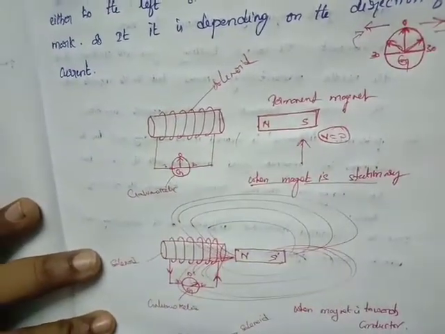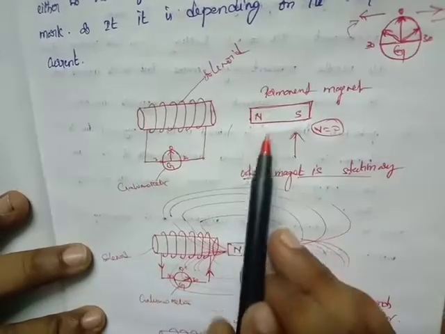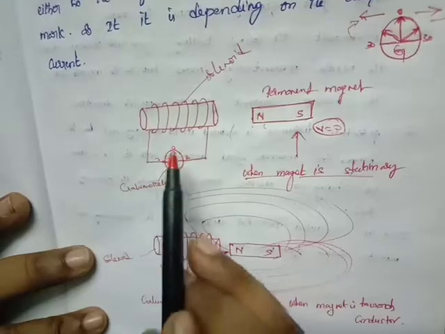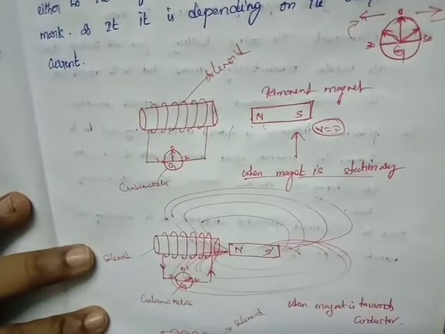When there is no movement of the magnet, the galvanometer shows 0.